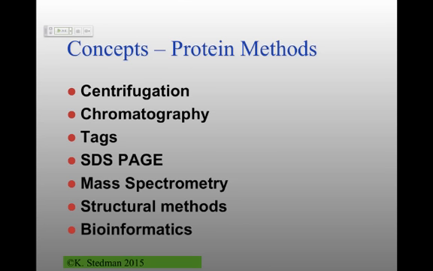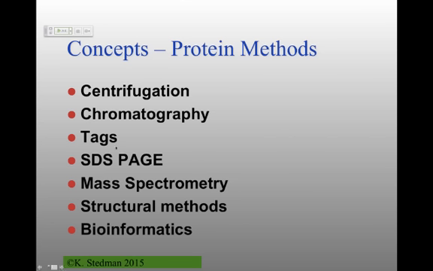And so actually finding those particular proteins is really hard. And that's what a lot of these techniques are about, how you actually go about finding these particular proteins. And usually that has to do with separating them from all of the other proteins which are there and identifying them. So basically, this first part here is all about separating them, and the last part here is about identifying them.